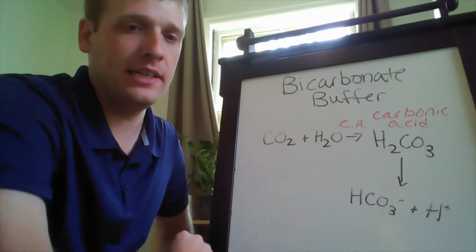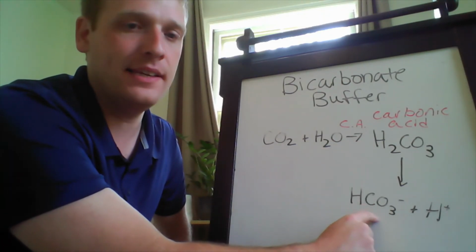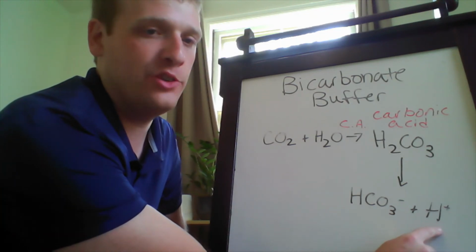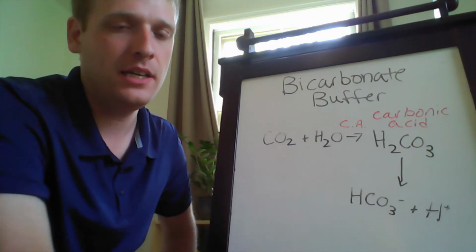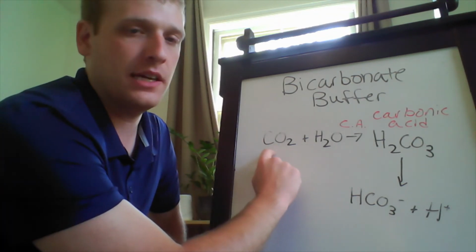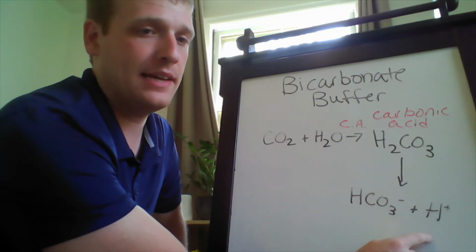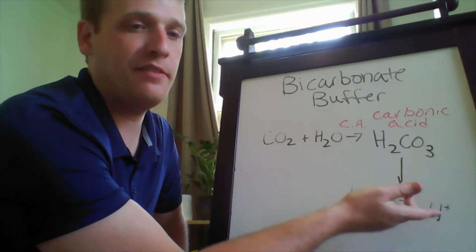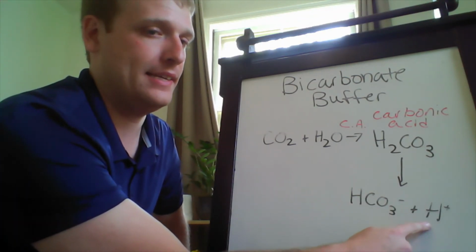Now, this is called an acid because this reaction is favored. An acid is likely to give up a hydrogen ion. And remember, hydrogen ion concentration is what determines pH. So the more carbon dioxide you have in your blood, the more likely you are to have more acid in your blood. But we have buffers in our blood that can help compensate for this acid.